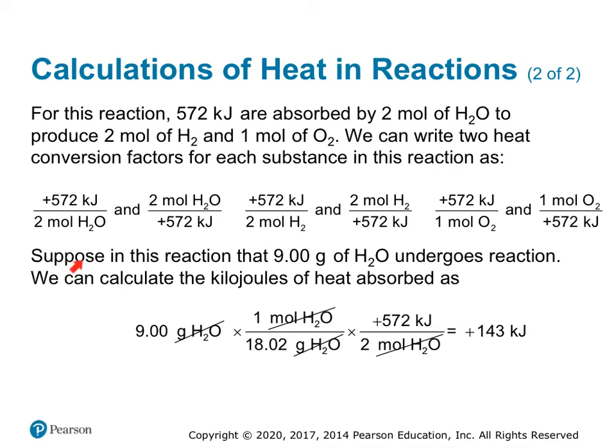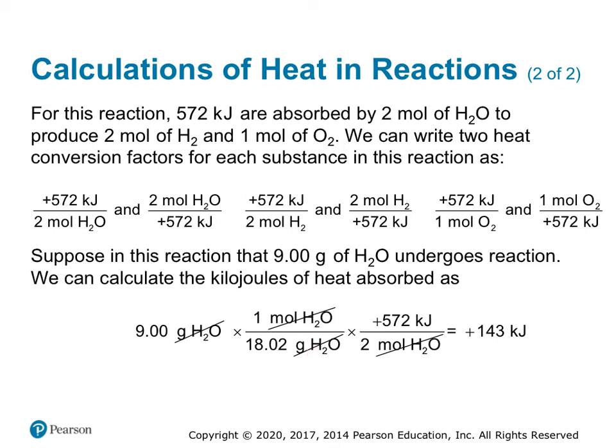It says, suppose in this reaction that 9 grams of water undergoes a reaction. So I'm going to start with 9 grams of water. Well, I can't do anything with grams, so I need moles. The first thing I'm going to do is divide by the molar mass to give me moles.